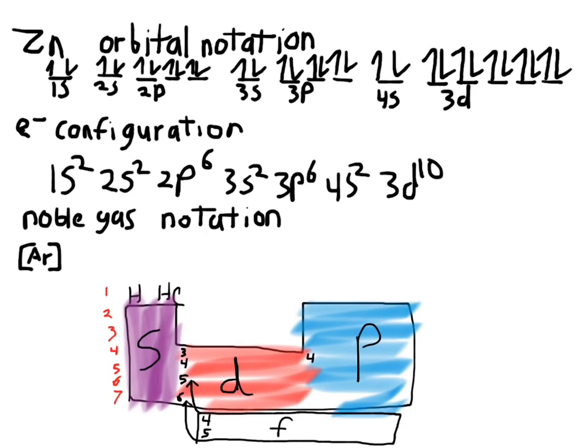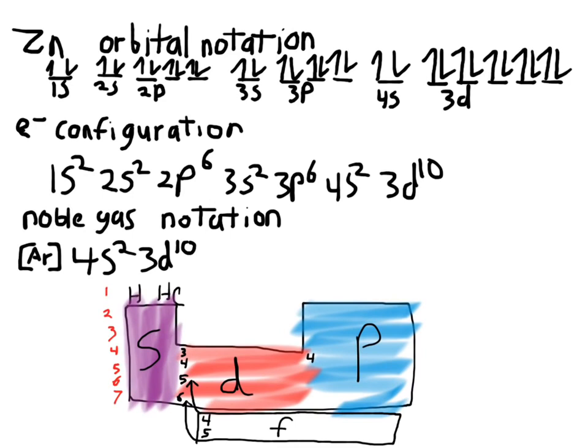That means 1s2, 2s2, 2p6, 3s2, 3p6. That's argon with 2, 4, 10, 12, 18 electrons. And then you continue on from there. So we do 4s2, 3d10. You can also do noble gas notation with showing the arrows.